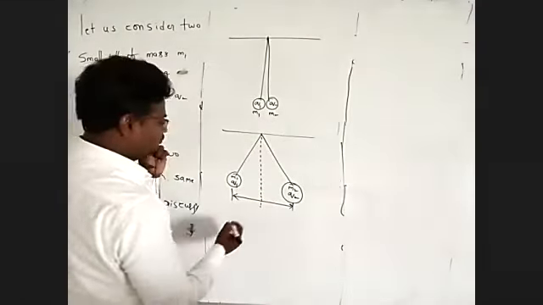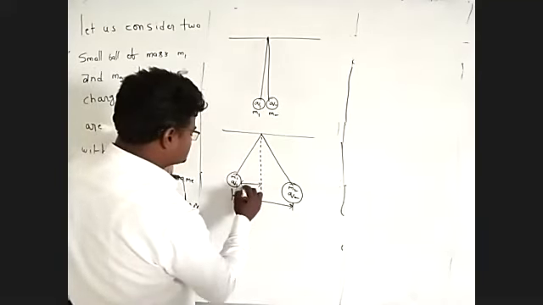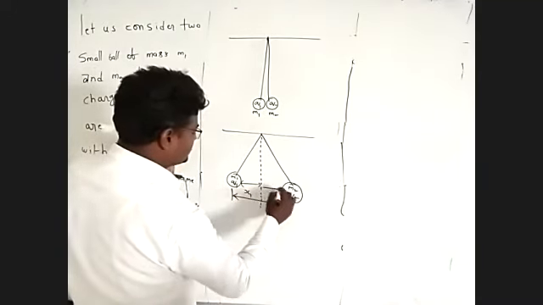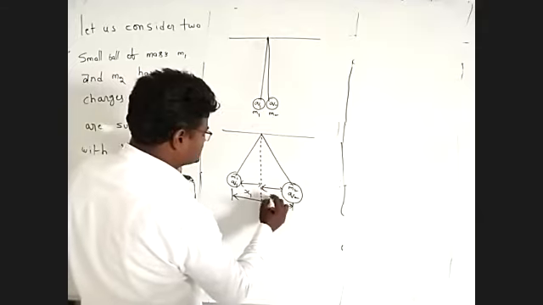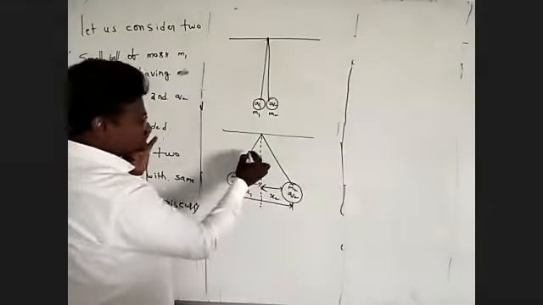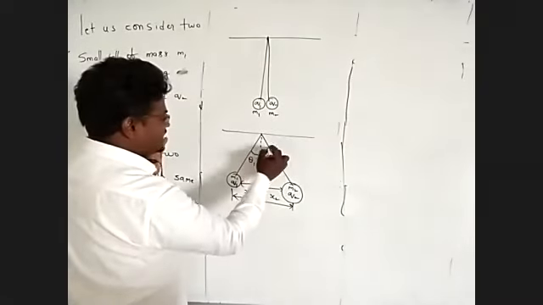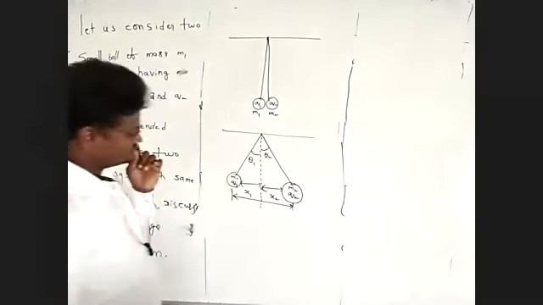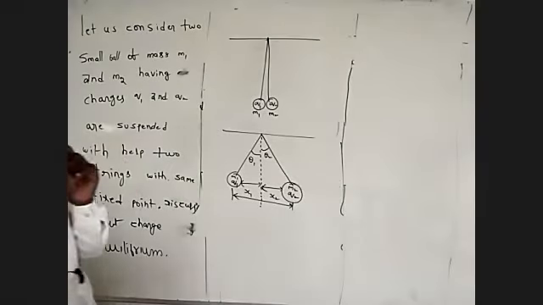Equilibrium. From here to here I'm taking x1, and from here to here x2 distance. This angle is theta 1, this angle is theta 2. Now the conditions.